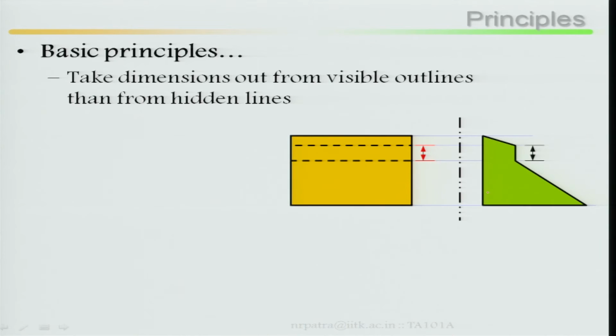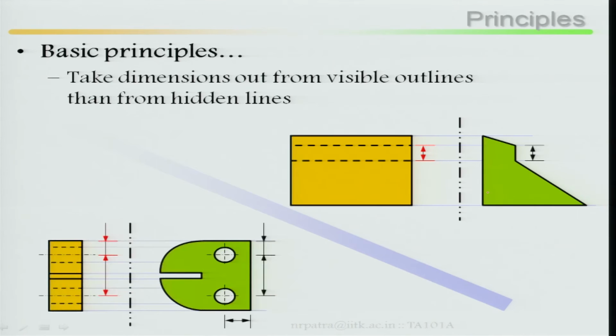Third principle: take dimensions out from visible outlines rather than from hidden lines. Look here, these are two views. Here these are your hidden lines, and here these are your visible lines.